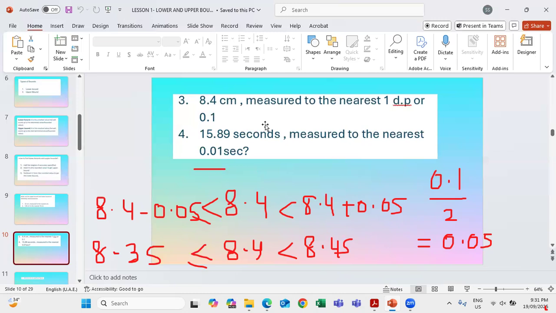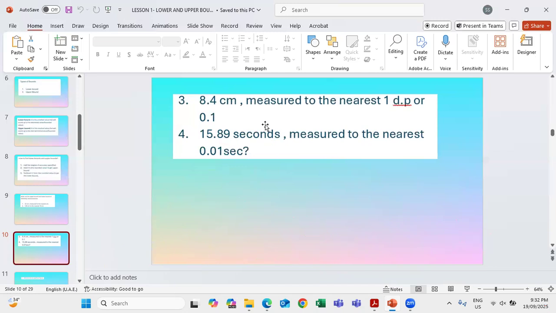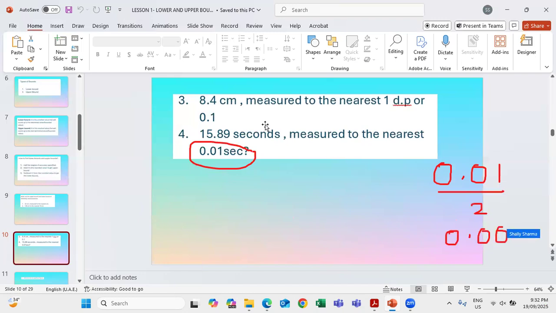Then you can get it for two decimal places also, like here it is written 0.01 second. That means the answer will be accurate up to two decimal places. If you see here also, the answer is given up to two decimal places. So in that case, you keep ones place 0, tens place 0, and the second decimal place you can keep is 1, and then we have to divide it by 2, so it is 0.005.